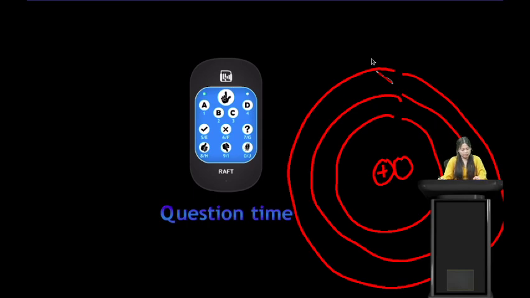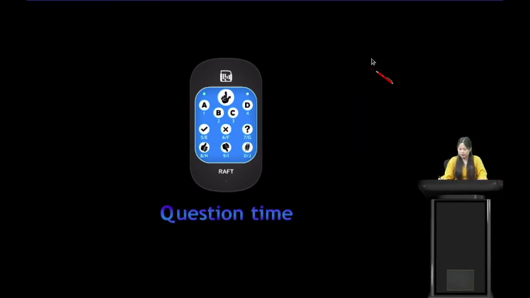We have seen that there are three subatomic particles in an atom: the electron, which is negatively charged, the proton, which is positively charged, and the neutron, which is neutral and does not carry any charge. Protons and neutrons make up the nucleus of the atom, and electrons revolve around this nucleus.